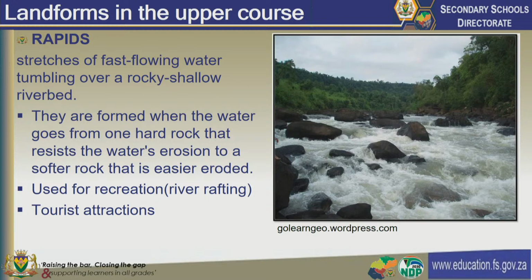Now, what is important about these rapids as a landform? They are used for recreation. That's where you have people partaking in the sport that's called river rafting, and they are also good as tourist attractions. So what's important that we have to note about these rapids? One is how they are formed: they are formed in an area where the riverbed is shallow.